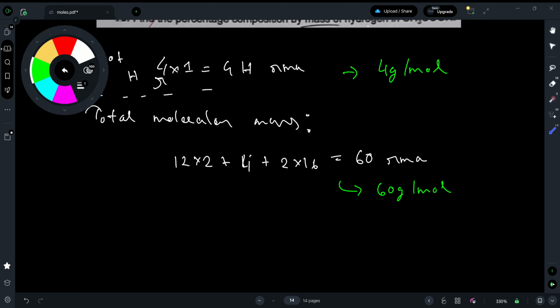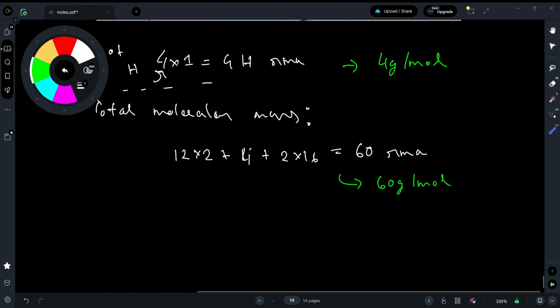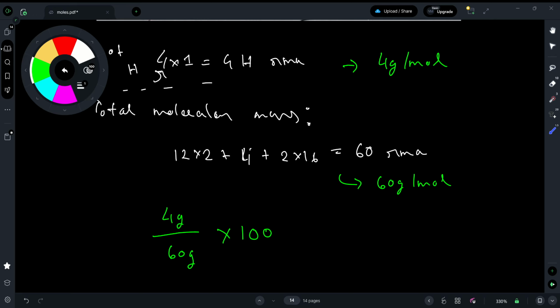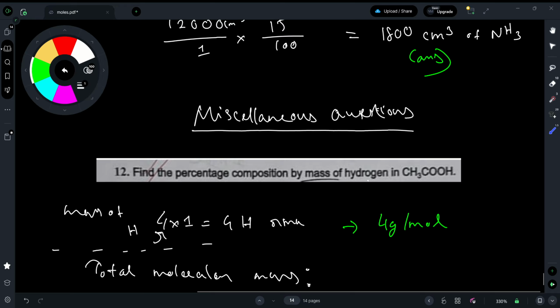Since both are in moles, we can just divide 4 grams by 60 grams, and then multiply by 100 for the percentage. So 4 by 60, times 100, gives 6.7%. So that is the percentage by mass.